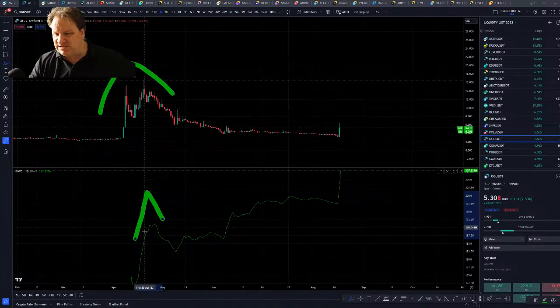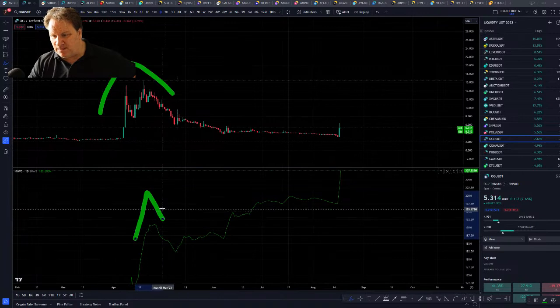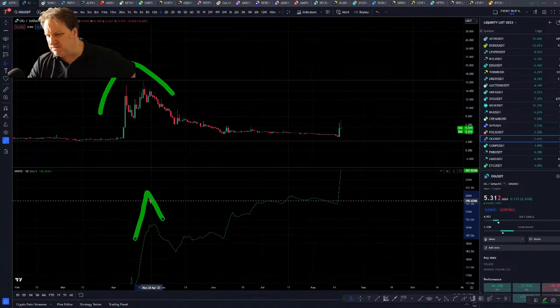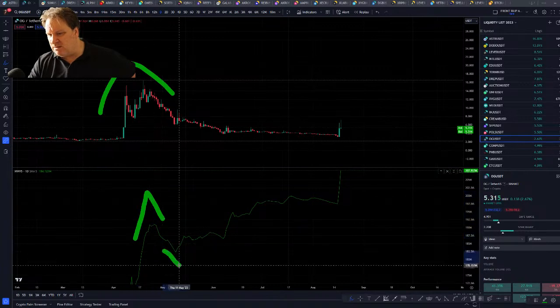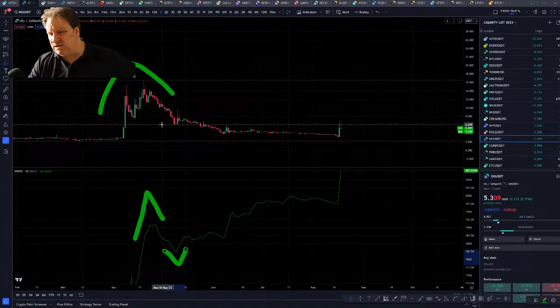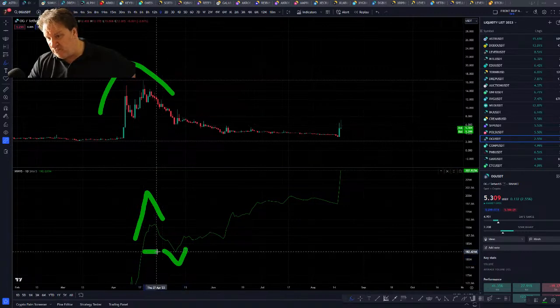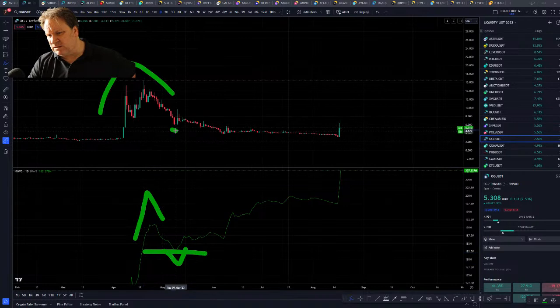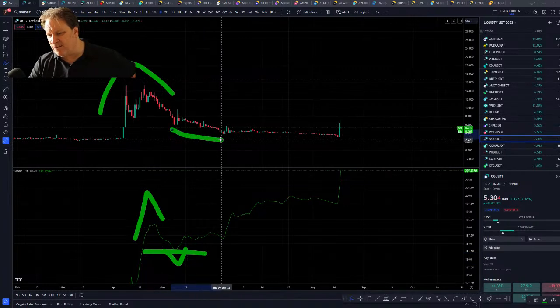Now, interestingly, on the chart, those were deposits. Here were the withdrawals. Although the withdrawals stopped here, the price kept coming down to here.